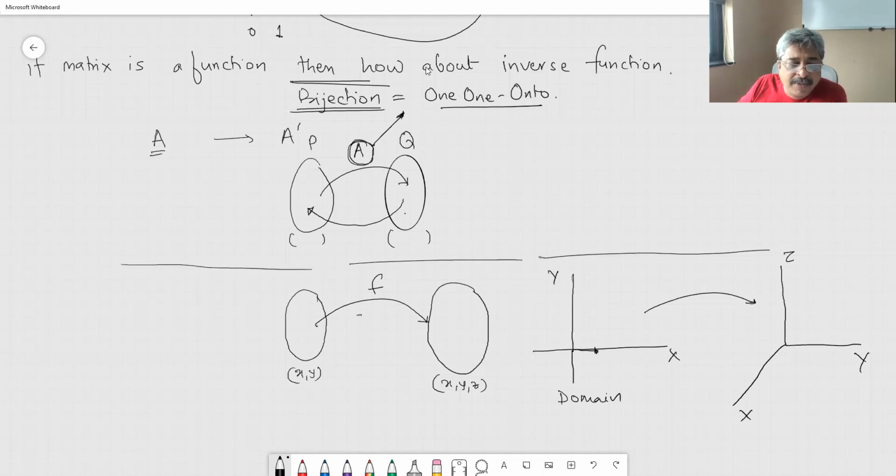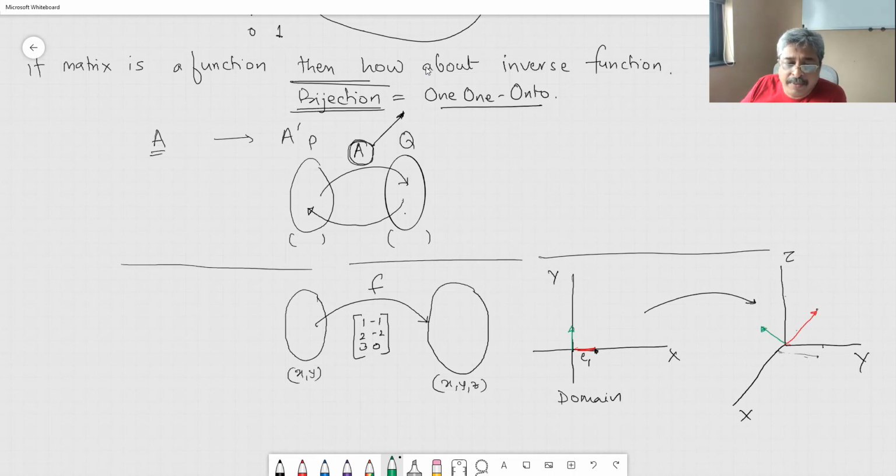Suppose the function f is a matrix 1, 2, 3, minus 1, minus 2, 0. So E1 becomes 1, 2, 3, that is 1, 2 is this, 3 is this. Let me use colors. E1 becomes this, E2 becomes minus 1, minus 2, 0. E2 becomes this, right? And it is a space.